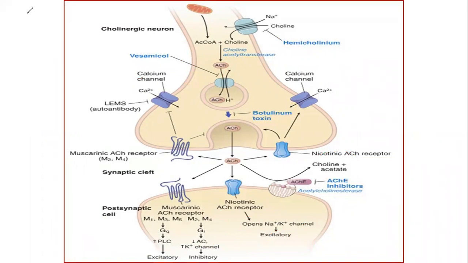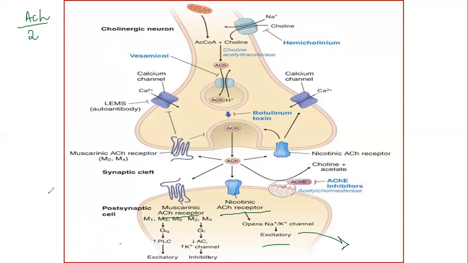Here the example is the acetylcholine ligand gated channel. In this there are two types: one is the nicotinic acetylcholine receptor, the other is the muscarinic acetylcholine receptor. It just depends on the type of channels which are getting opened, which decides whether the neuron should be excitatory. Excitatory means it is going to pass the signal to the other neurons. And if it is inhibitory, it is going to stop over there. So whatever work is not to be done, it will give the brain a signal that the work should stop right there. So stopping means no more signal should be given, right? So that depends on the channel which gets opened up.